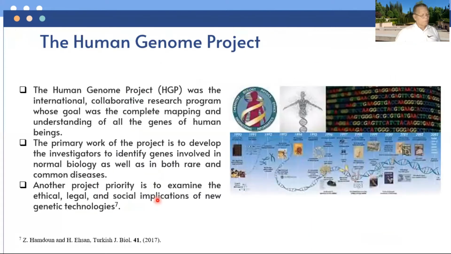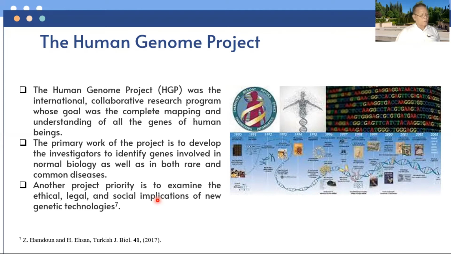Then let's move to the Human Genome Project. The Human Genome Project, or we call that one HGP, was the international collaborative research program whose goal was the complete mapping and understanding of all the genes of human being. The primary work of the project is to develop the investigator to identify a gene involved in normal biology as well as in both rare and common disease.